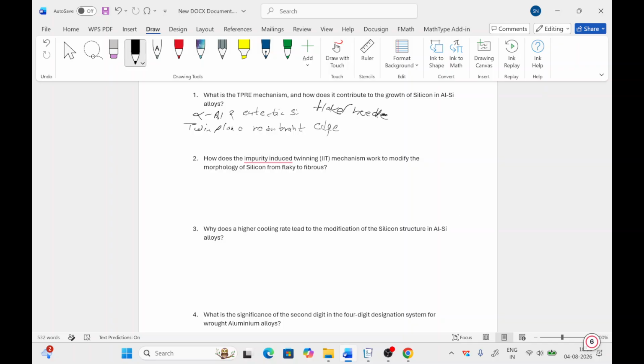Twin plane reentrant edge mechanism, in which two silicon tetrahedra join and form a prismatic crystal.